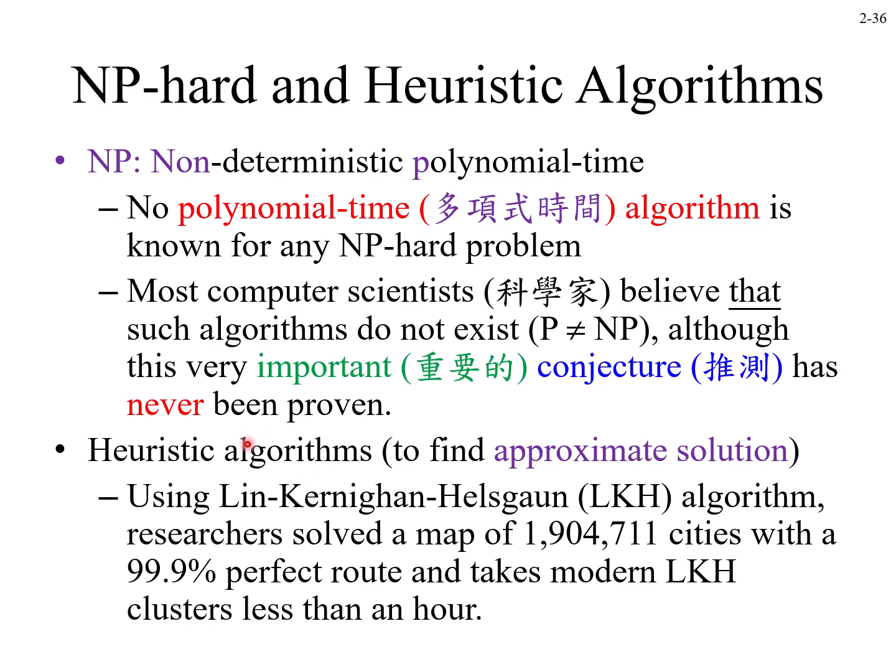So one famous heuristic is called LKH, by 3 researchers. They solved a map of almost 2 million cities with 99 percent perfect route in less than 1 hour. Which is still amazing, right?